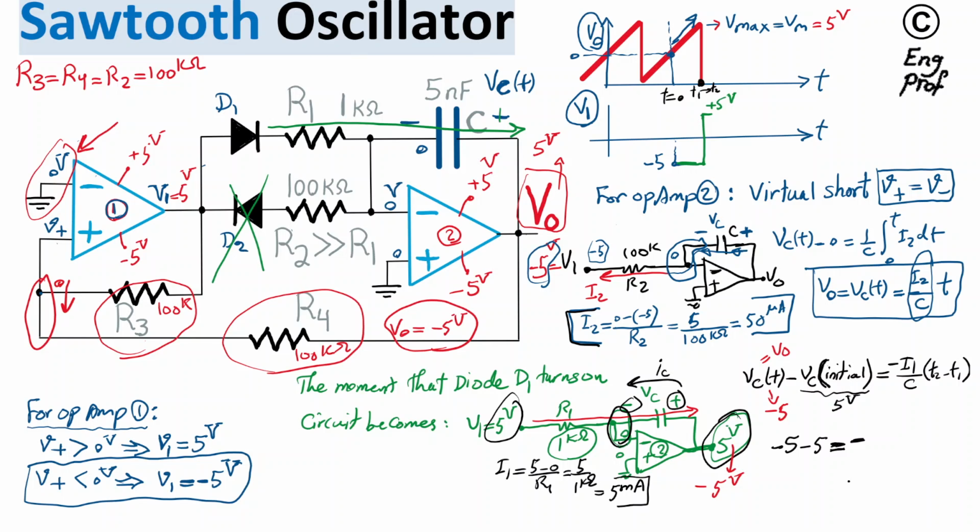So, as expected, in this case we get minus 5 milliamp divided by the value of cap times T, or T2 minus T1, the duration that this thing happened.